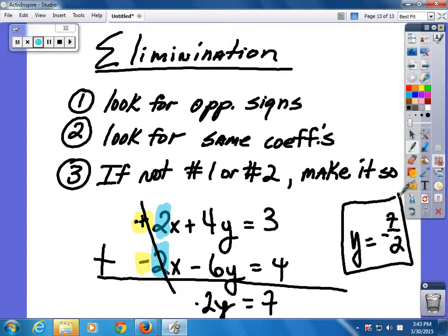Now to find x, you take that and what? Work your way back. Either one. Now you could have gotten rid of the 4y and the 6y, but it would have involved more math. You could have multiplied the top by 3 and the bottom by 2.